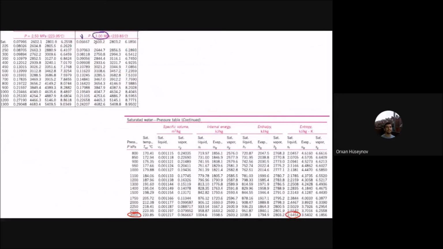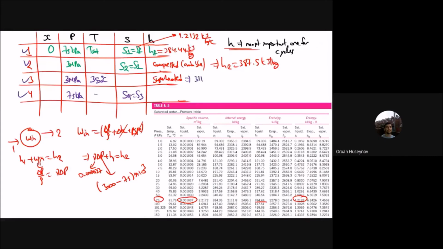First one is nu, the second one is U, then enthalpy, and then entropy. At 350 degrees, the enthalpy value is 3116.1 kilojoules per kilogram.